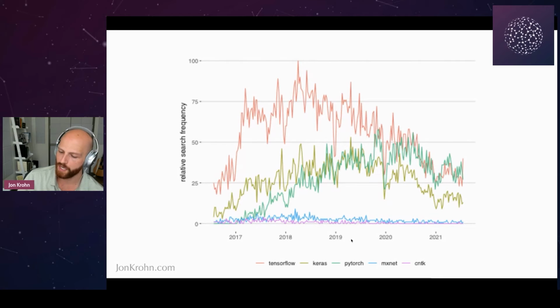So TensorFlow a few years ago was clearly the most popular library. And part of what allowed TensorFlow to become so popular was the Keras library, which was originally created to make it easy to make deep learning models in a language called Theano.